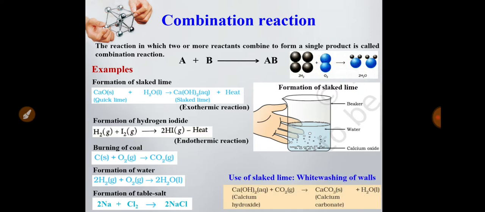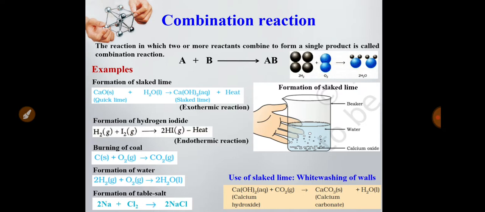Now there is a practical use of slaked lime, which is prepared in the first reaction between quicklime and water. It forms slaked lime, calcium hydroxide. It is used for whitewashing of walls. We know that after cementing of walls, we whitewash the walls. Here the calcium hydroxide or slaked lime is used.